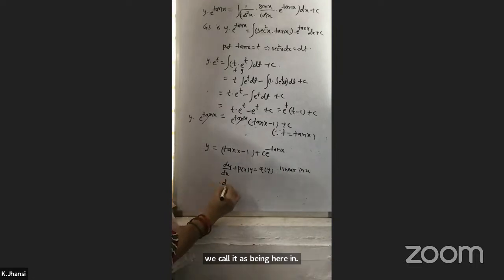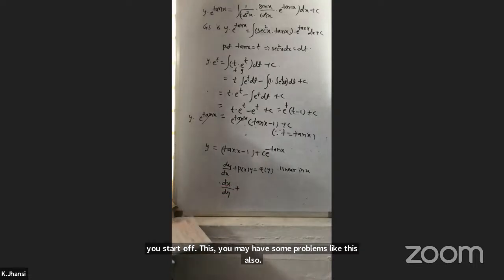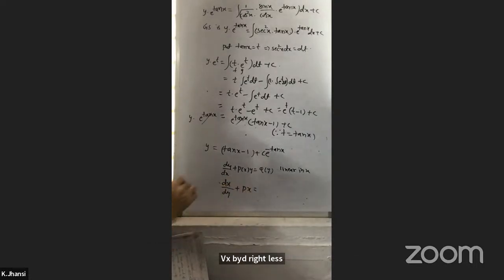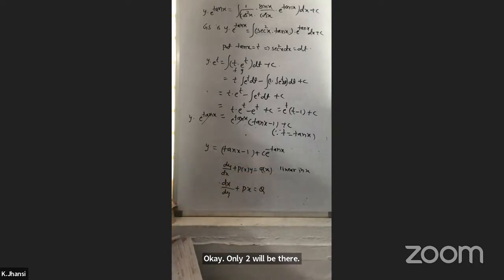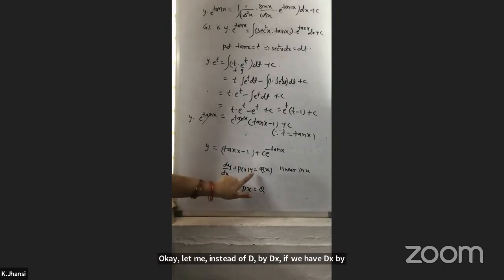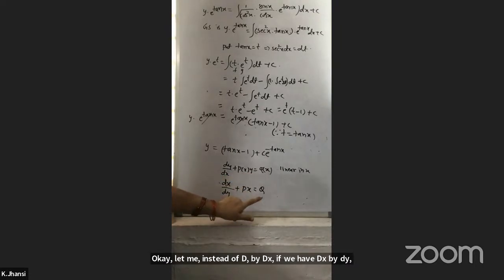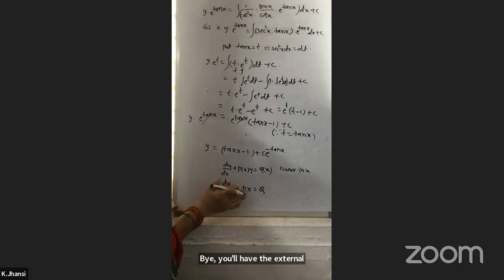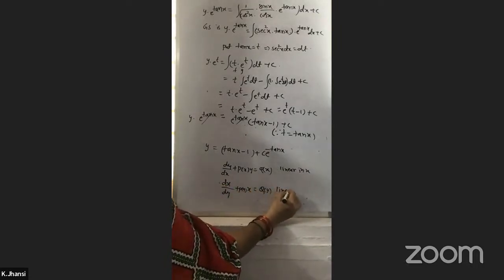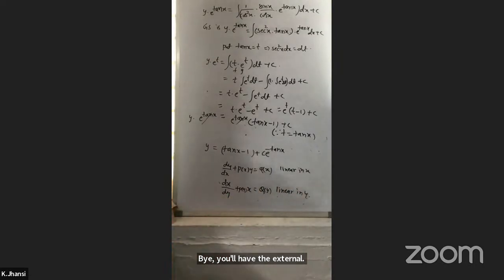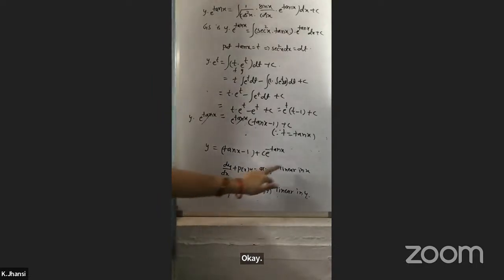Instead of this, you may have some problems like this also: dx by dy plus P of y into x equals Q of y. Okay. That means instead of dy by dx, we have dx by dy, and instead of y you will have x. This is linear in x.